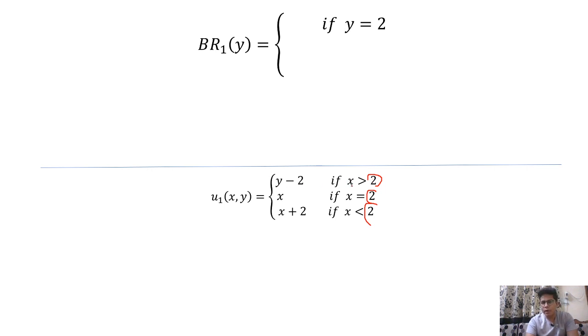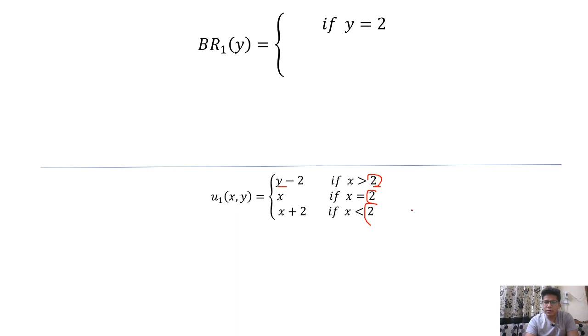What if x is chosen strictly greater than 2? X can be 3, 4, 5, 6 up to 100. But I get the payoff as the value of y, that is 2 minus 2, which is 0, but in this case I'll get 2.